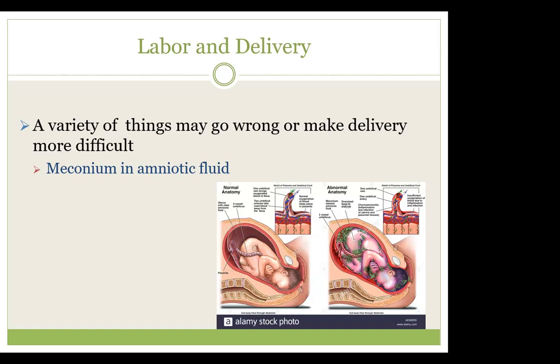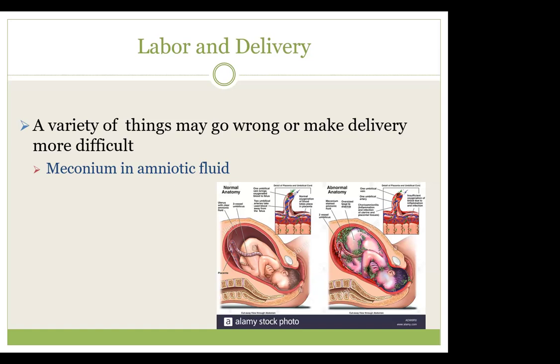They gasp and take a big deep breath, it's going to get sucked right down into their lungs. If meconium gets sucked right down into their lungs, it forms a thick, sticky ball valve effect. So it's clogging the airways with this thick, sticky, maybe acidic substance.